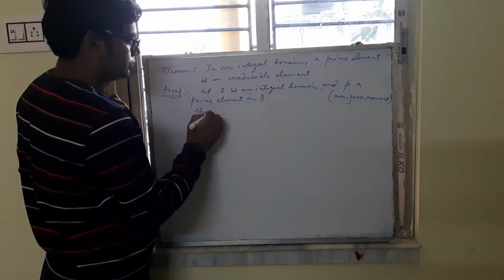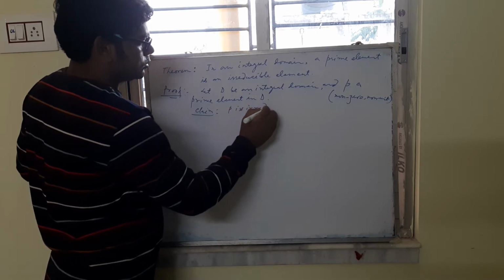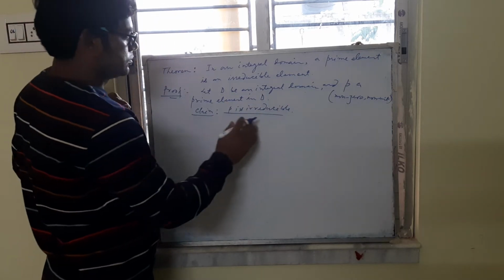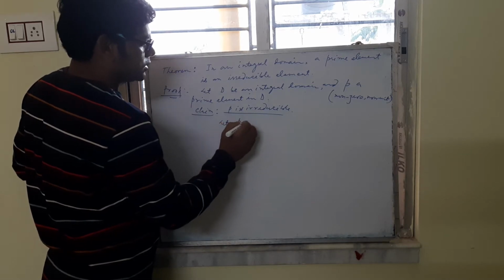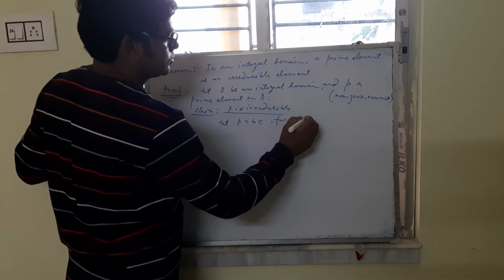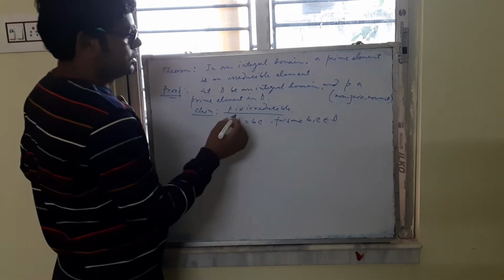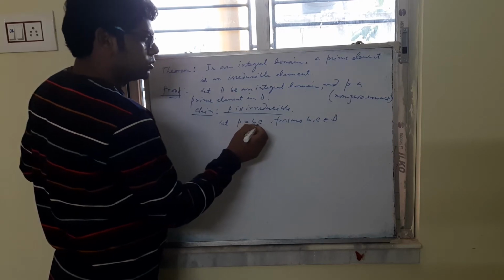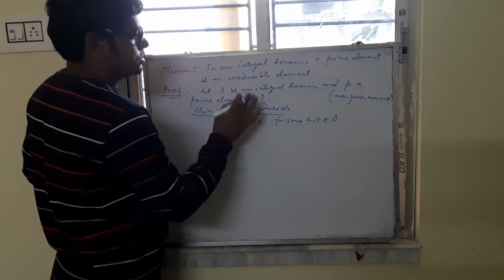Claim: P is irreducible. Now to prove this, we let P be a product of two elements B and C for some B, C in the integral domain D. Now if we can prove that either B is a unit or C is a unit, in that case the conclusion will be that P is an irreducible element.